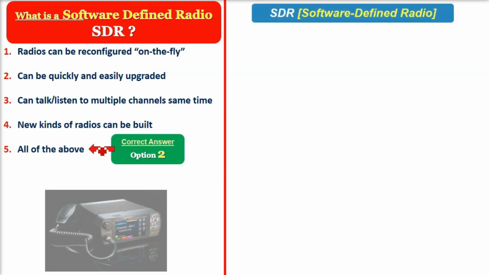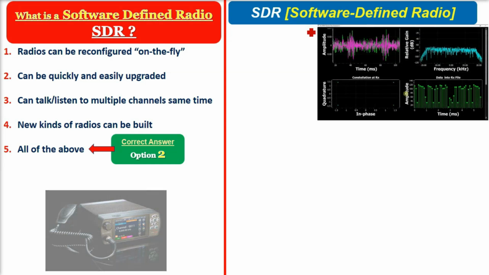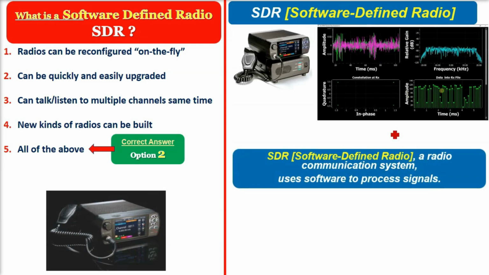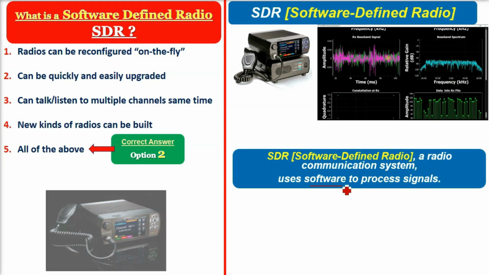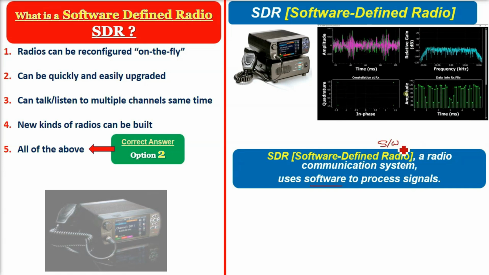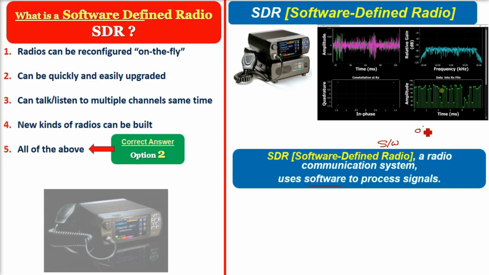Now this SDR, or software defined radio, in a radio communication system, is a radio that uses software to process signals. So software is employed wherever it is possible. Everything will not be in hardware as in the previous times, when radios were new to the market.